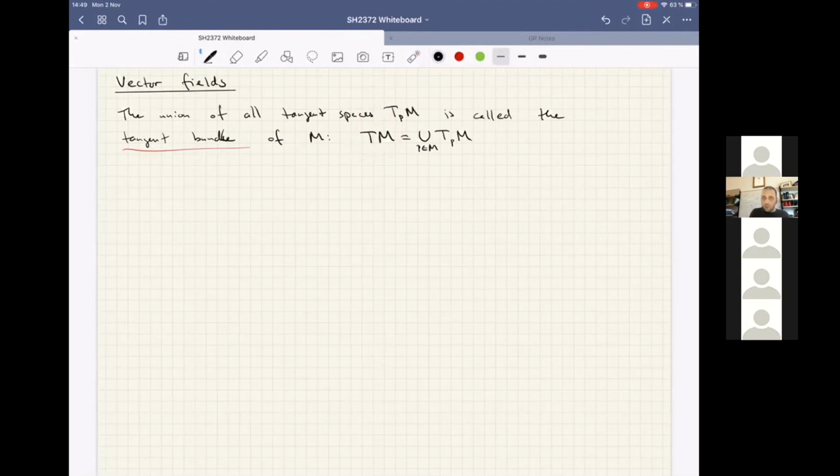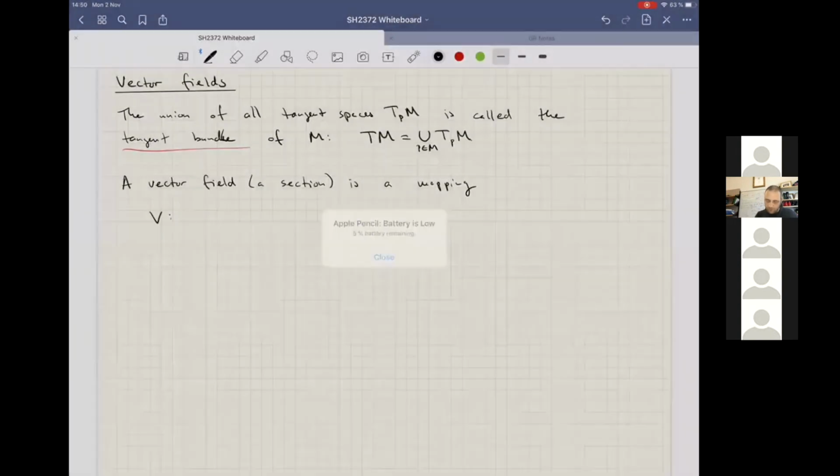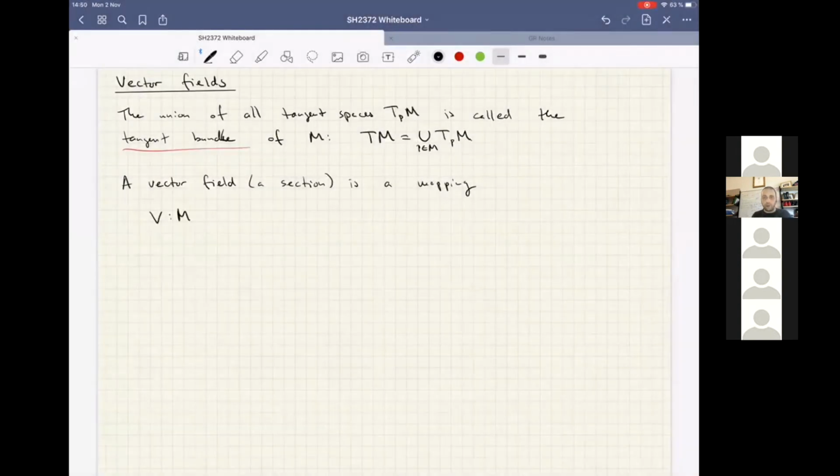So if we now want to define what a vector field is, a vector field, or if you're a mathematician, you would call this a section of this bundle. That is a mapping, and I'm going to call this V now, from the manifold itself to the tangent bundle, but with an additional constraint.